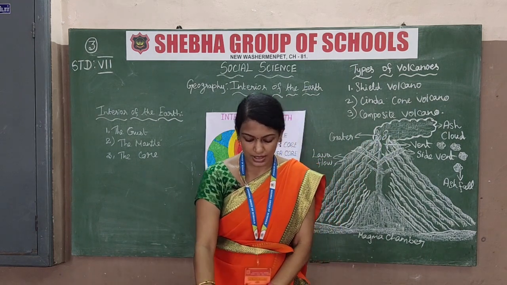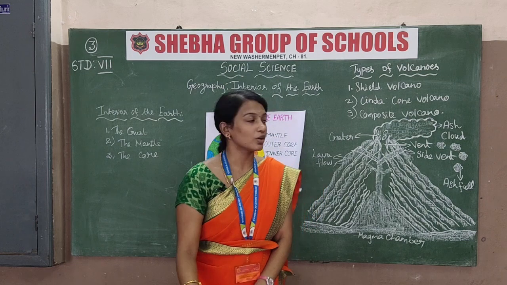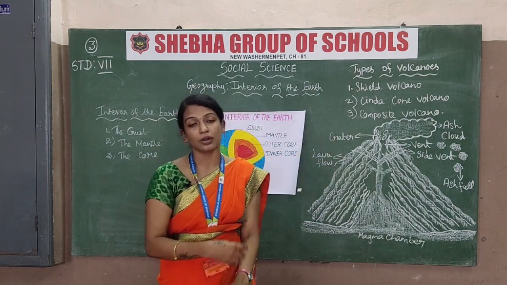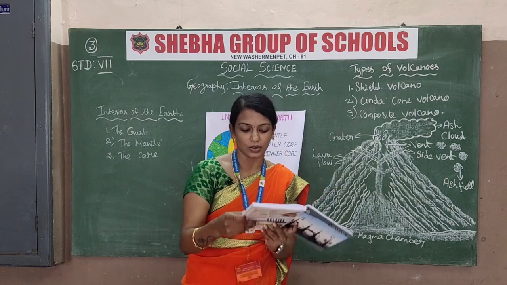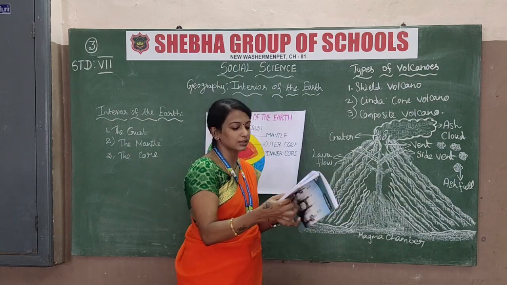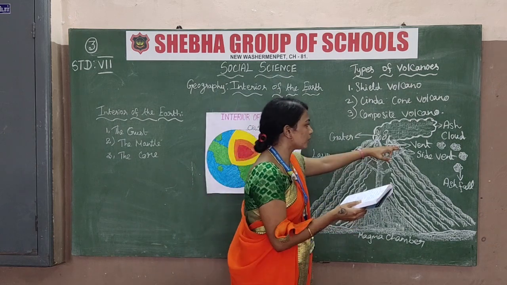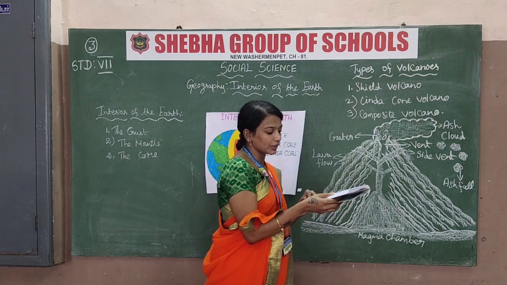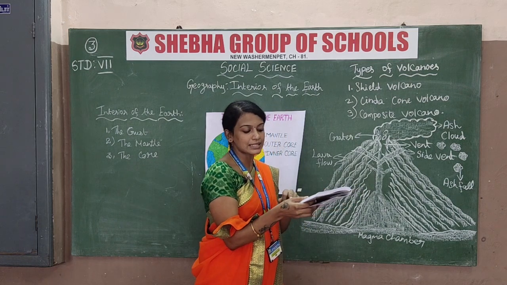So okay, shall we go to the explanation. We saw volcanoes in the picture, where you can see this. Next I am going to explain about volcanoes. A volcano is a vent opening in the earth's crust. This is that vent opening in the earth's crust, and the molten rock material within the earth together with gases is called magma.